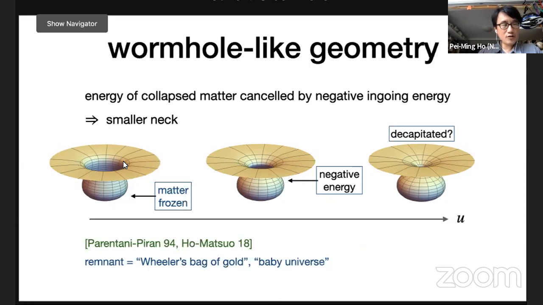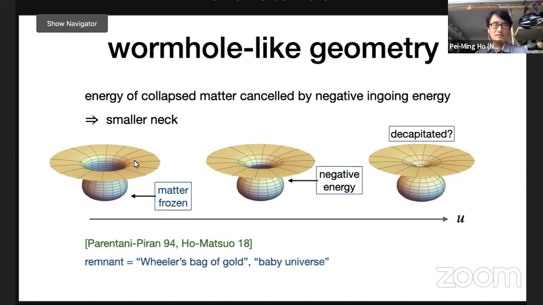If you are moving towards the center of the black hole, you see that the radius decreases, but then after you pass a point, it's increasing again, and then it's decreasing again. So this neck, where you have the smallest areal radius, is where you have the trapping horizon. It's also called the apparent horizon.